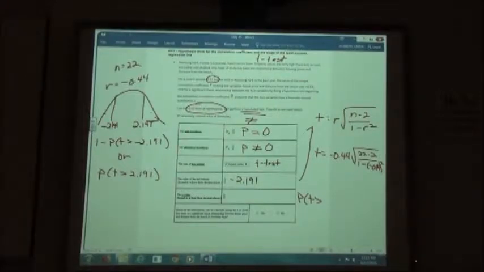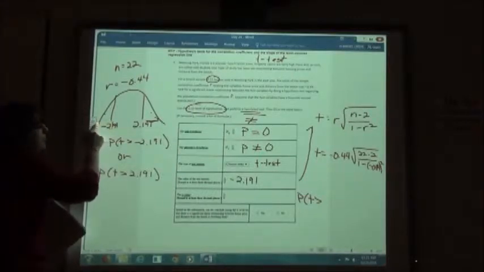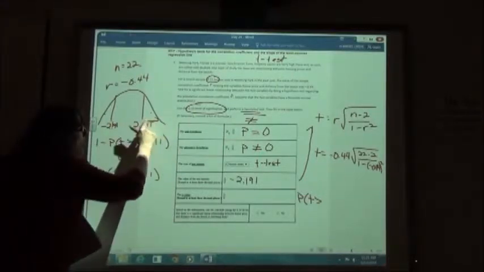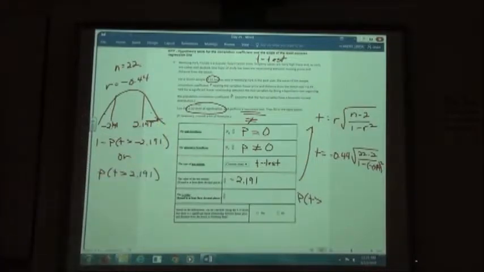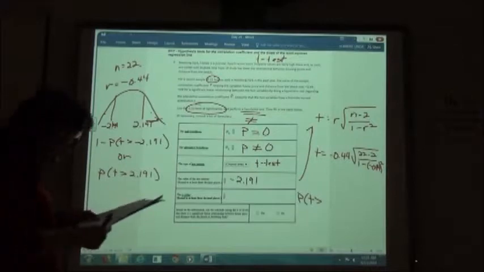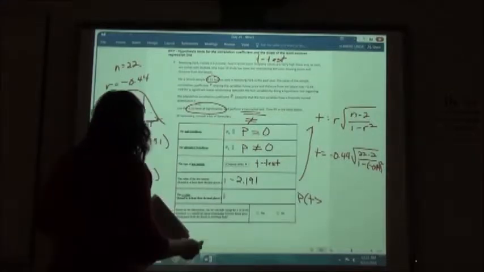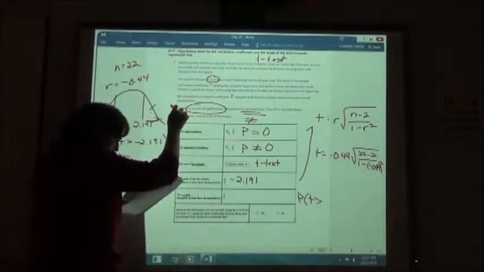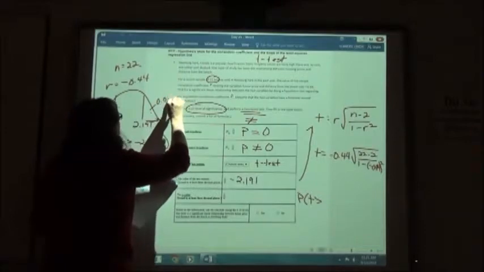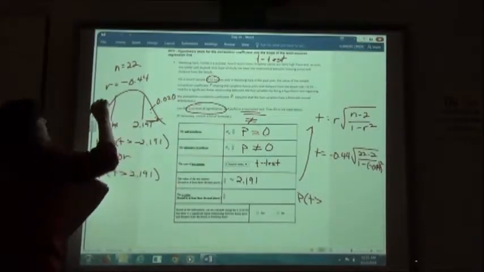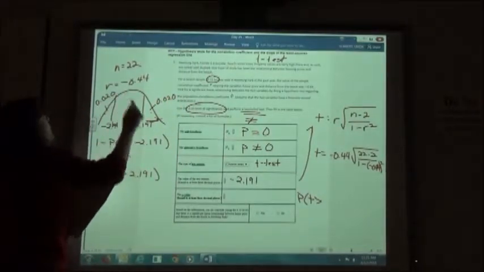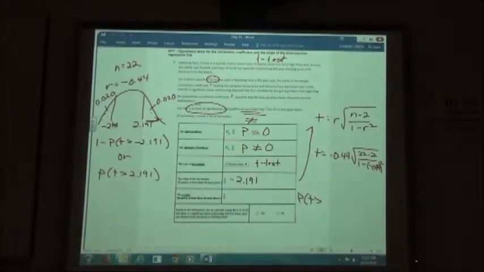Go ahead, test that out. It should give you the same value because either you're calculating the percent to the left of this point or the percent to the right of that point, and it should be the same percentage. Hopefully, you come up with 0.020. Those both should be the same number.